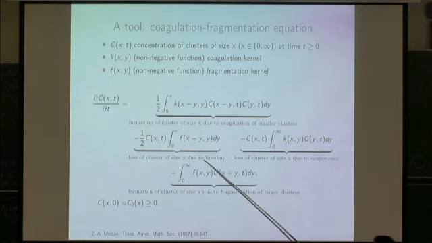Otherwise, you can also lose some objects because they are going to break up. Otherwise, you can also lose some objects because they are going to be involved in the formation of bigger objects. Or you are also going to create objects of size x because bigger objects are going to fragment.